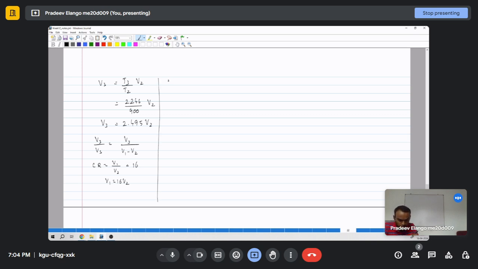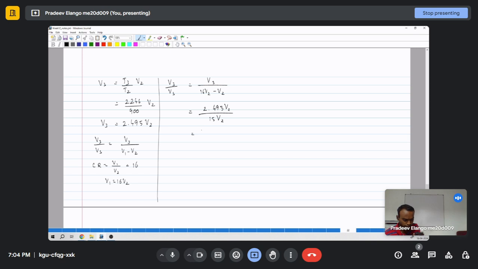Now V3 by Vs is V3 divided by 16 V2 minus V2, that will be 15 V2, and V3 can be expressed as 1.495 V2, so V2 gets cancelled.